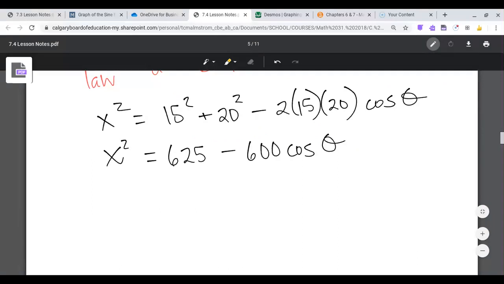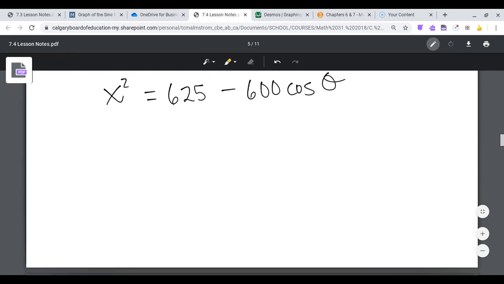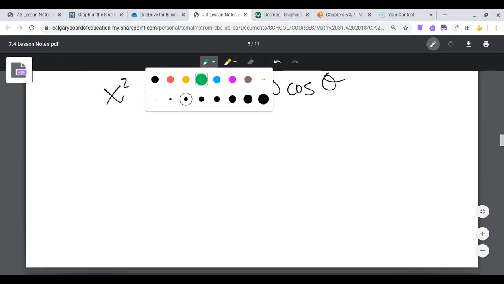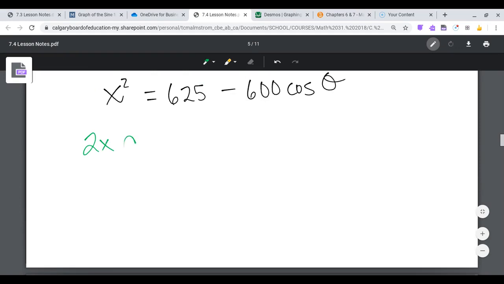So now I have my function that I need to take the derivative with respect to time. So the derivative of x squared is 2x dx dt, is equal to... back up. My bad. 625. Just got into writing it out again.